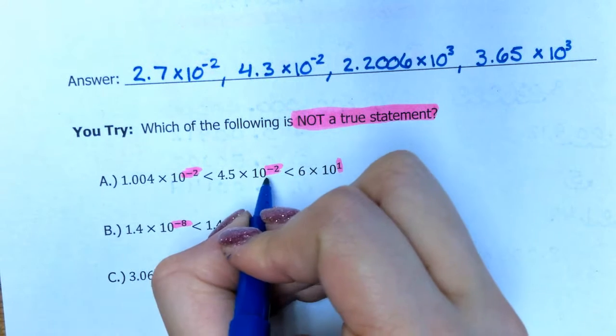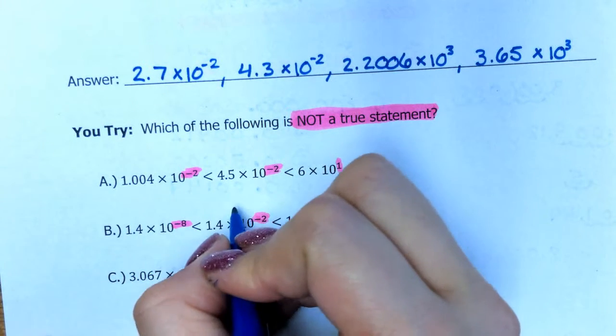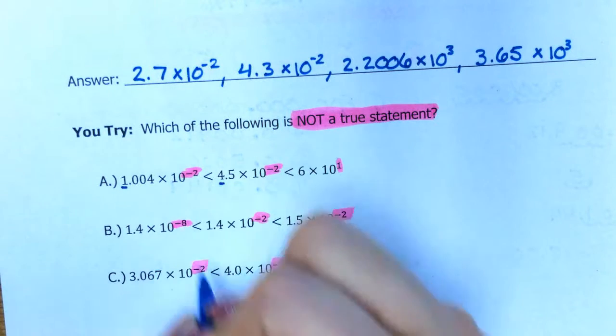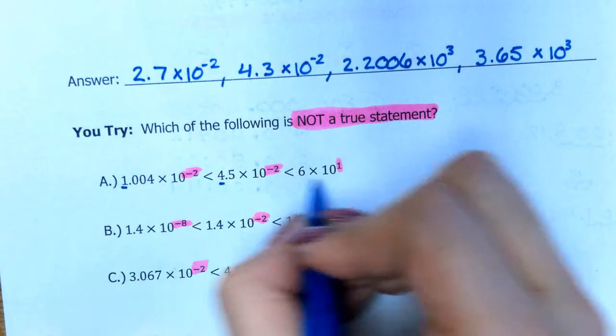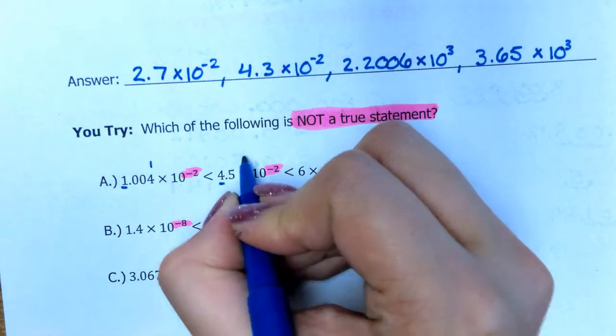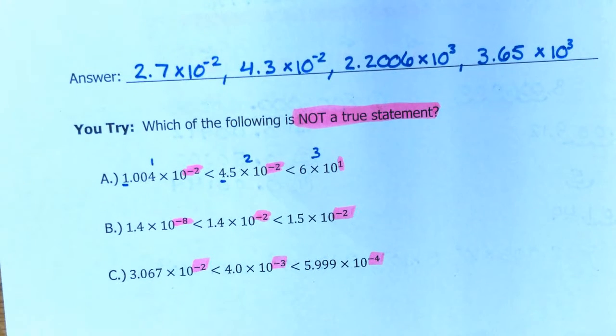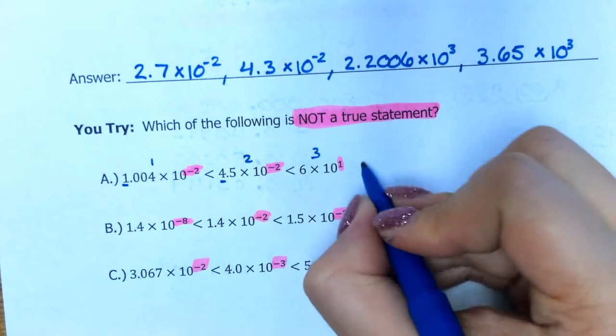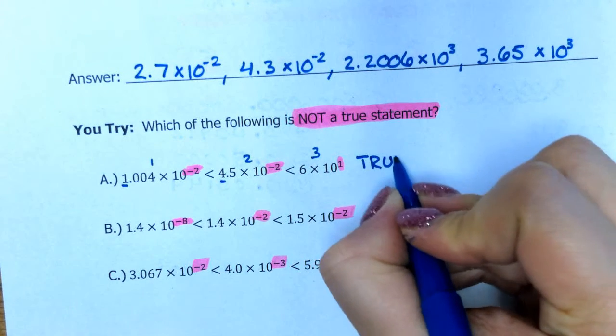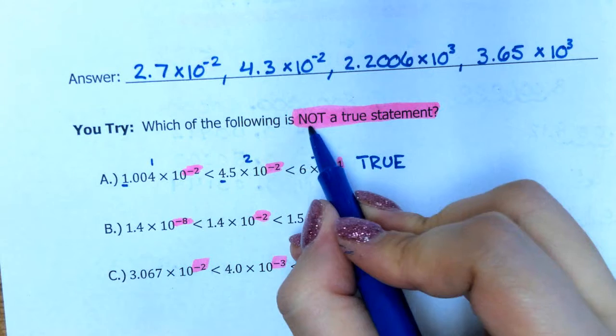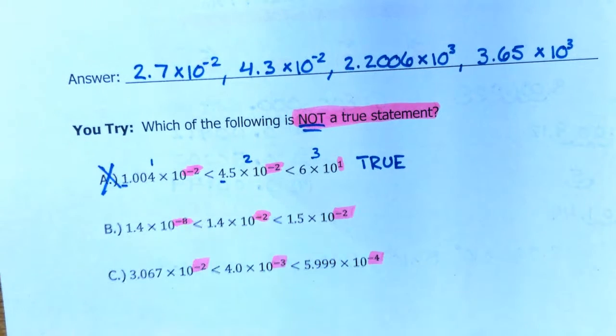So these both have the same exponent, so I'm going to see if these are actually in the right order. If I look at the 1 and the 4, 1 is smaller. So if I ordered these from least to greatest, it would be 1, 2, 3. So those are in the correct order from least to greatest. So it is true. And I'm looking for not true, so this is not my answer.